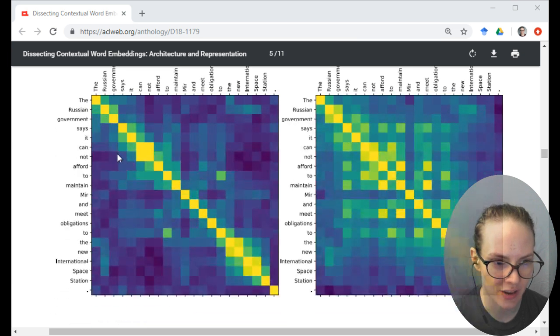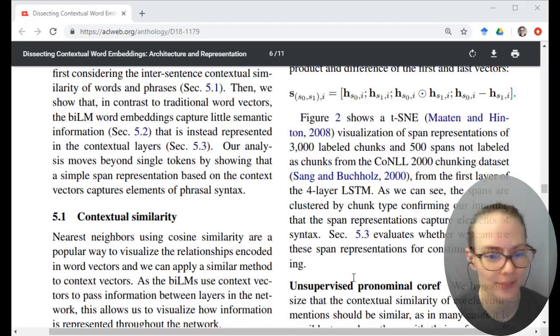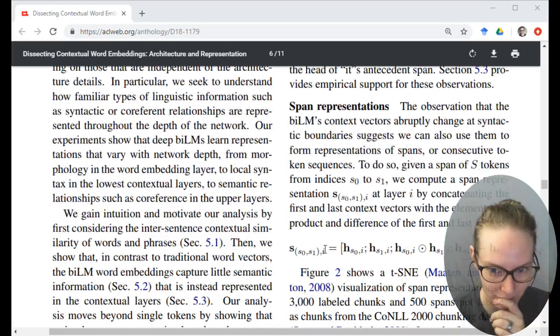So in the first layer, there's not a high contextual similarity, and in the fourth layer, there is. Well, it's higher. And now they're going to actually give us some empirical proof, which I'm excited to see.